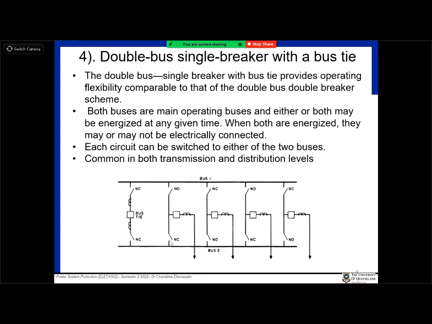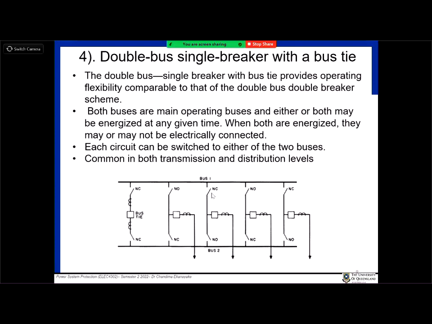Now what happens? If there is a fault in one of these buses, the corresponding line will be disconnected, the bus tie will open, then some of the loads are still connected, but the loads connected to bus 2 are now disconnected.